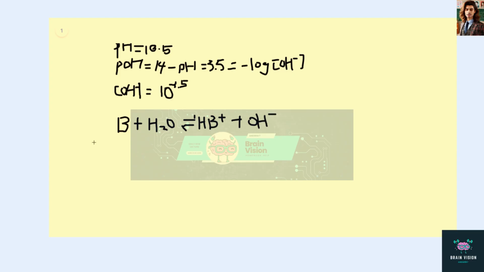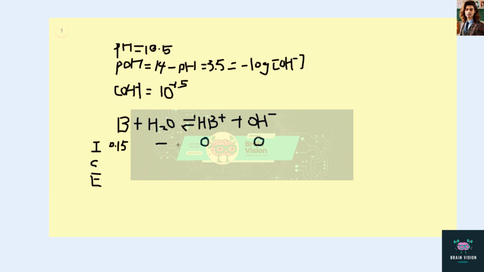We should be able to write an ICE table. So initially, the concentration of base is 0.15. Because water is the solvent, we do not consider the concentration of water. There's no protonated base and also no hydroxide existing in the solution initially.